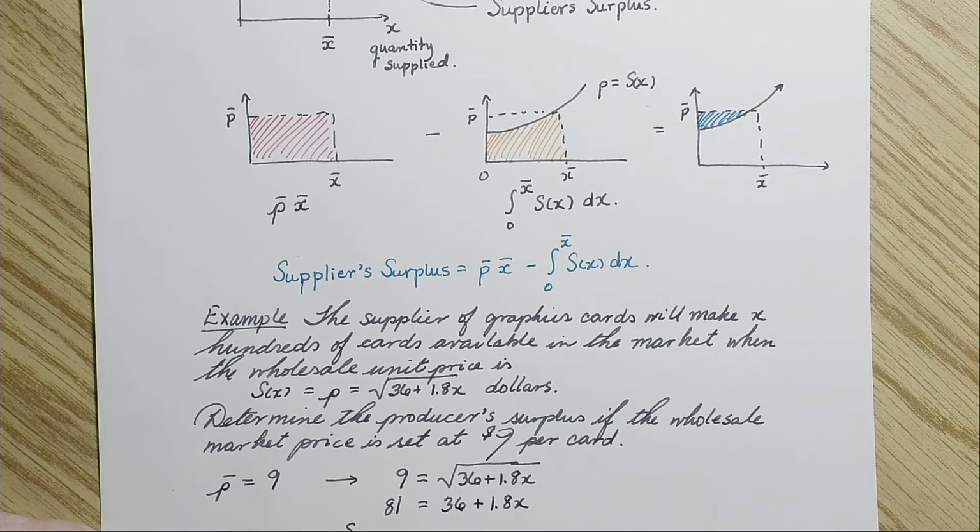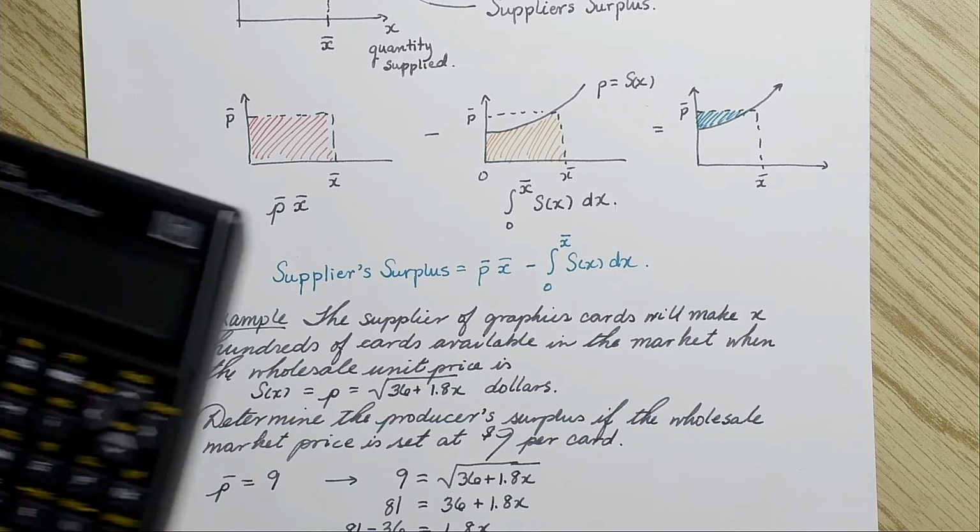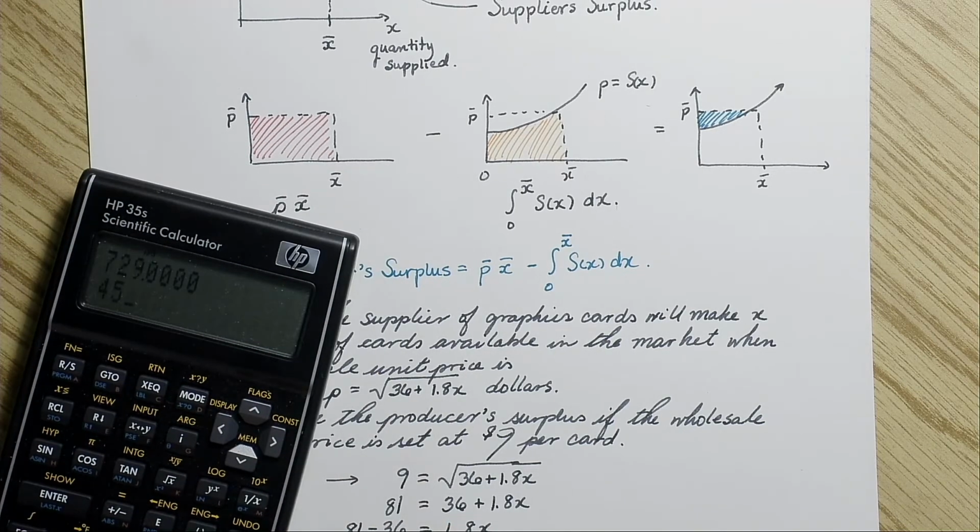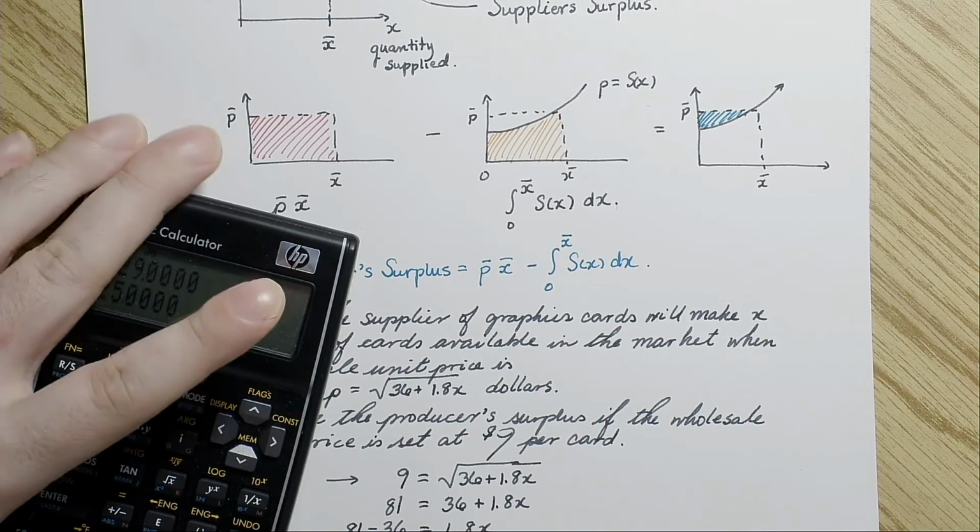Then I have the 36 come over to the left-hand side, so I have 81 minus 36 is equal to 1.8x. 81 minus 36 is 45. So I'm left with 45 equals 1.8x, and dividing 45 by 1.8 leaves me with 25, I think. I'll double check. 45 divided by 1.8 is 25.